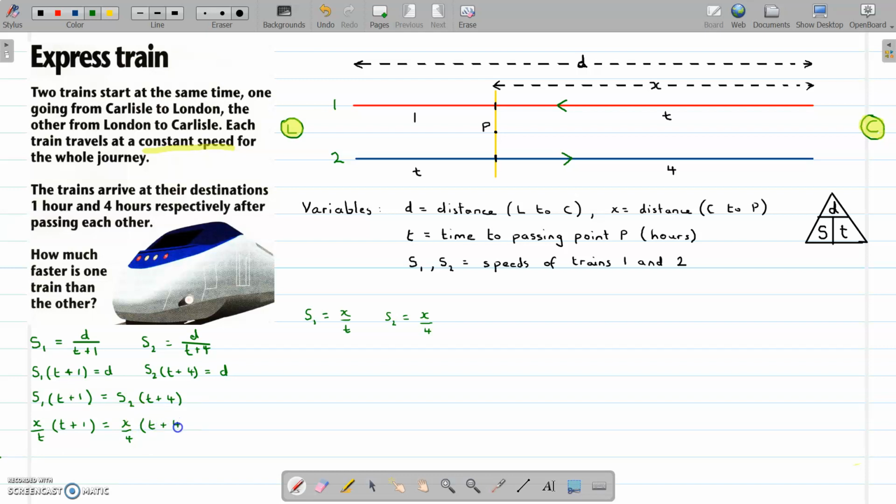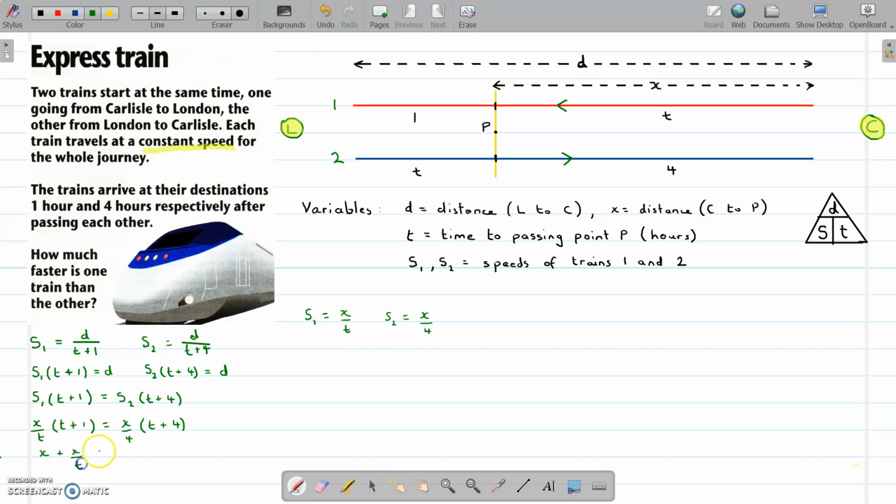Okay, now we're going to multiply out these brackets, expand the brackets. So I'm going to take x over t and times it by t, which is just going to give me x, and then I'm going to times it by 1, which is going to give me x over t.